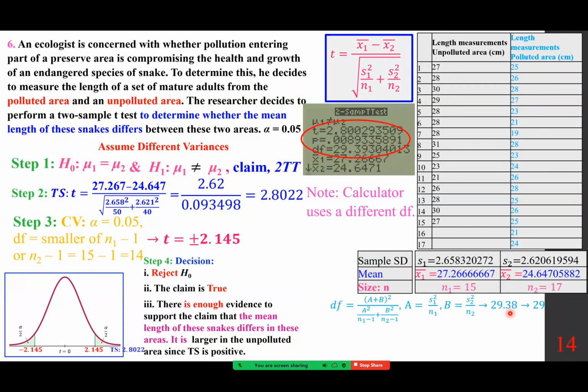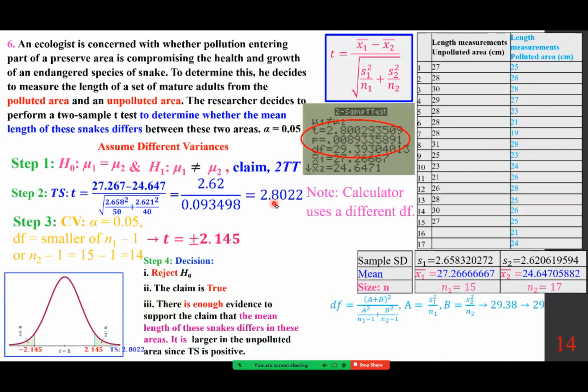You always round it down, by the way. For degrees of freedom, you round it down. Even if it's 29.7, you go with 29. And by the way, the test statistic that we calculated here is slightly different because it uses a lot more decimals than we do.